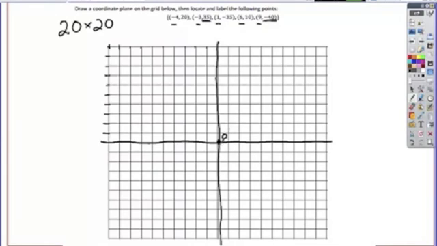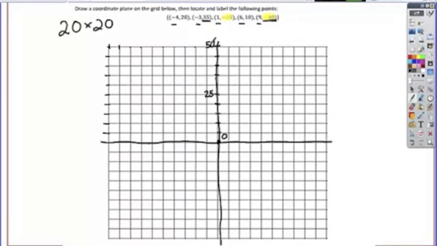If you remember, I said because we have such large y values, my y's are going to be counting by 5. So here I have a 5, 10, 15, 20, 25, 30, 35, 40, 45, and a 50.